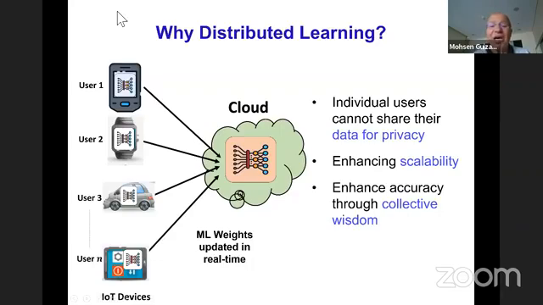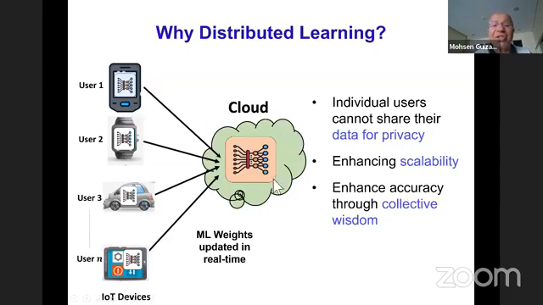But then in federated learning, individuals cannot share their data for privacy, and in order to enhance scalability, we don't want to send the whole data. We want to enhance accuracy through collective wisdom.